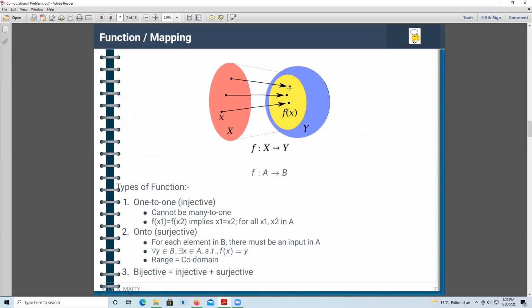So definitely range is a subset of codomain. And this is for a general function, for all functions. But for an onto function, we have said that for every element in the codomain, there is a corresponding input in X. So for that reason, for an onto function, range is equal to codomain. Range and codomain are not different because there is no element in the codomain for which there is no input.